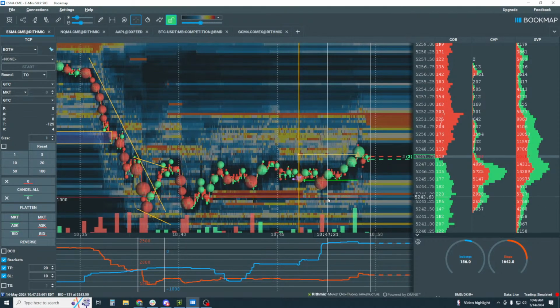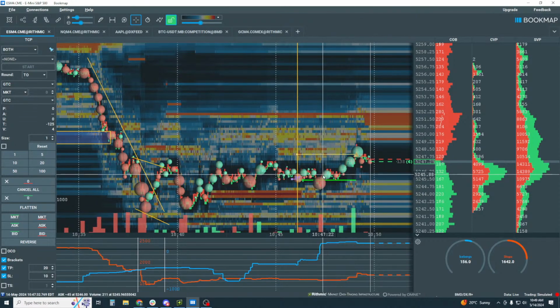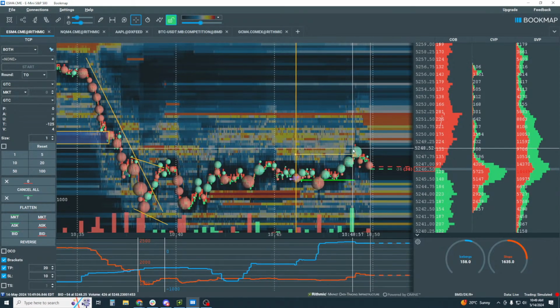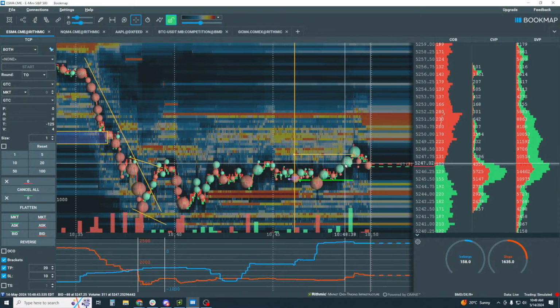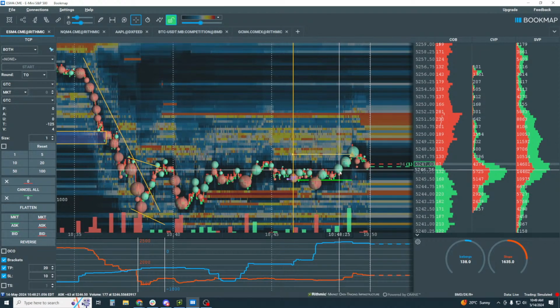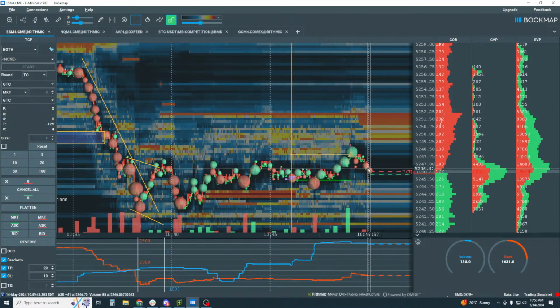That's where we're looking for them to take it down. We got some back and forth in here, and then we got squeezed to the upside here. Now this still might work. We got a bit of a stop run here. We need to see sellers back down below this buying in here, and then we can get that continuation move.